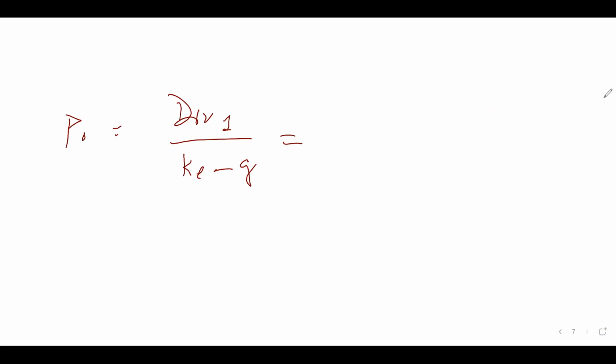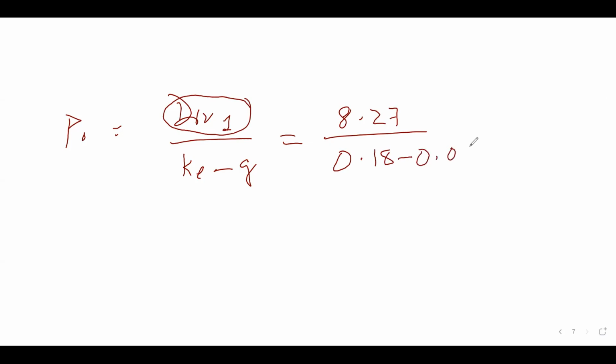How much is that? 8.27 divided by opportunity cost. This is dividend of the first year. So in this case, 18% minus 0.09.